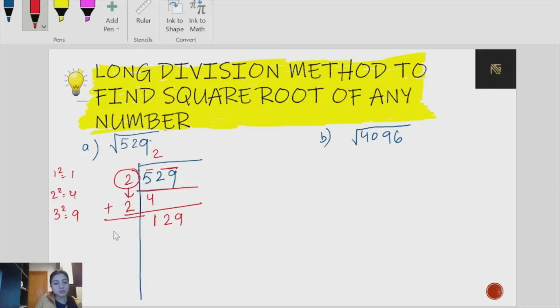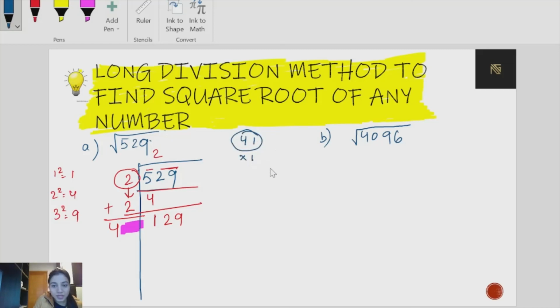So 2 plus 2 will be 4. Okay. Now beside this 4, write a number and multiply the whole number with the same number. Like, if you are writing 1 beside this 4, then you have to multiply this 41 with 1 only.